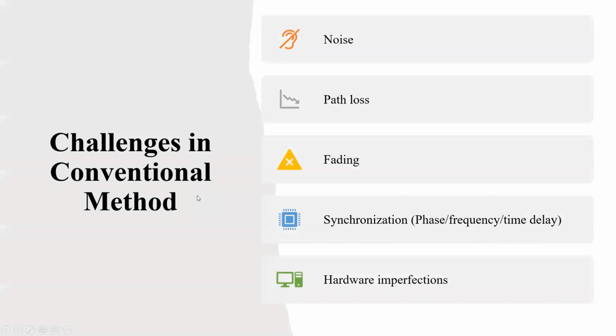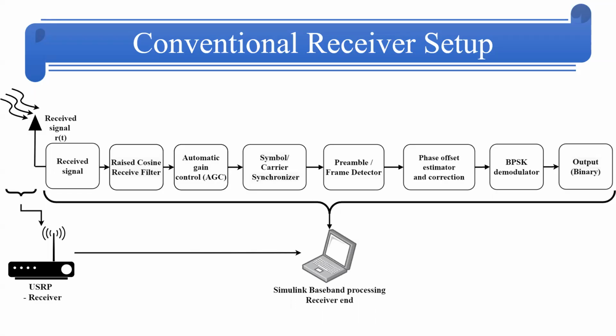There are several challenges in the conventional methods, such as noise, path loss, fading, synchronization, and hardware imperfection. In order to remove these effects, we use various modules as we saw before, like the symbol and carrier synchronizer, phase offset estimator, and its correction.